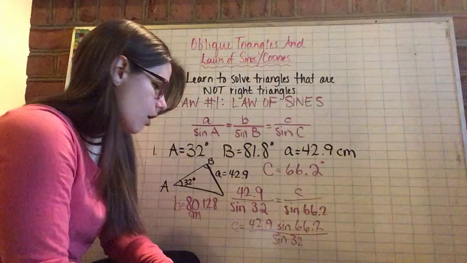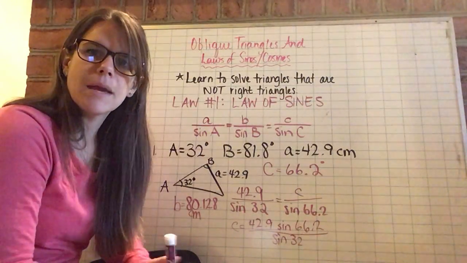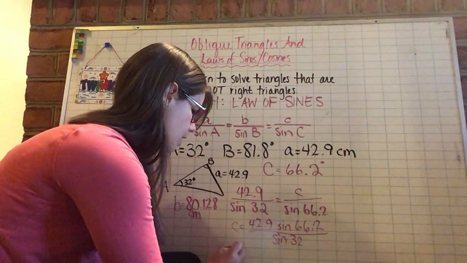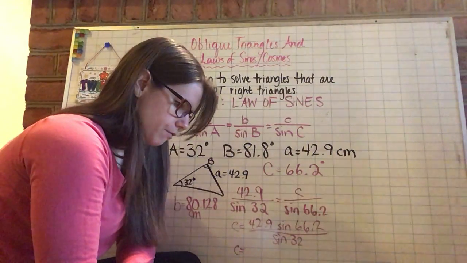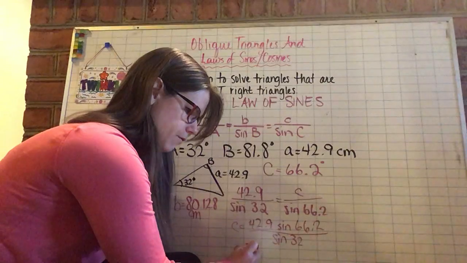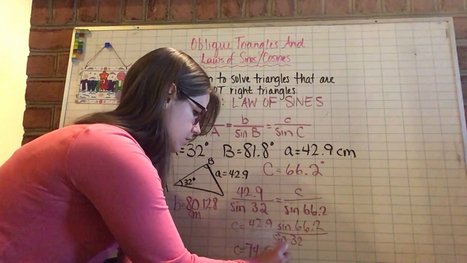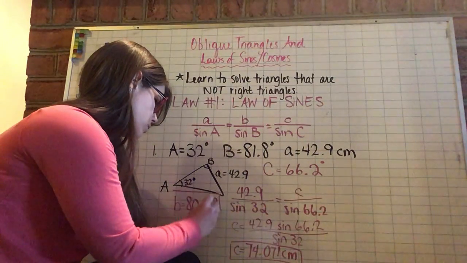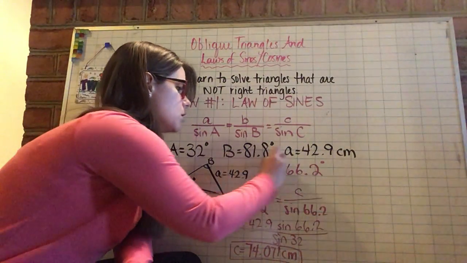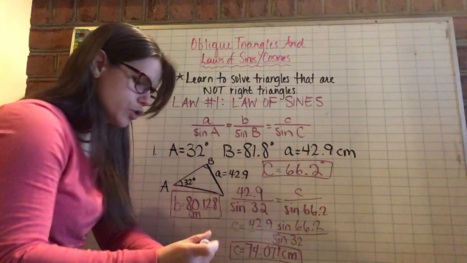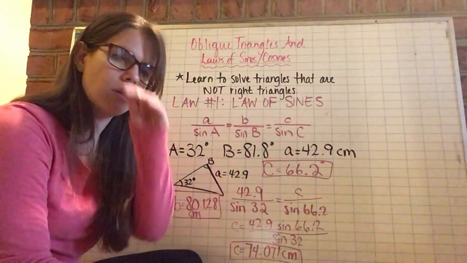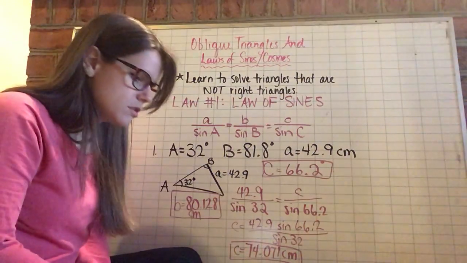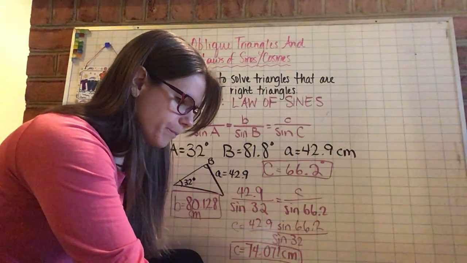Plug that into your calculator, make sure you have enough parentheses, but you should end up with an answer of 74.071 centimeters. Okay, so when you are turning something in to me, you need to make sure that you circle or box all of the final answers, because there's going to be a lot of work with some of these, and I need to be able to see where your final answers are.